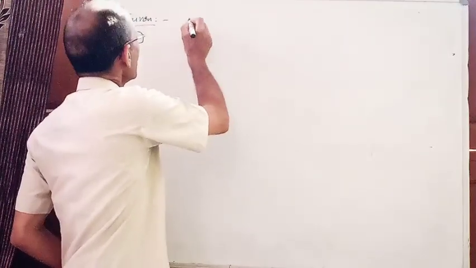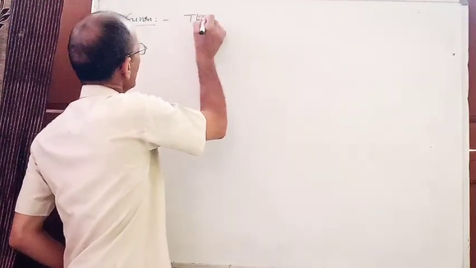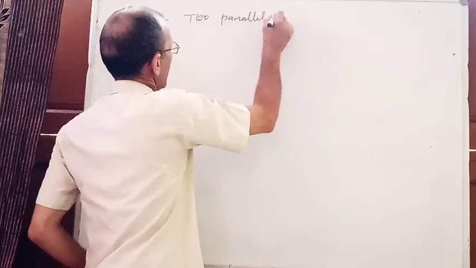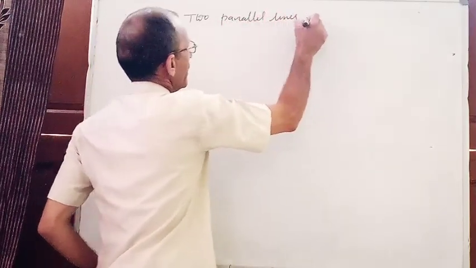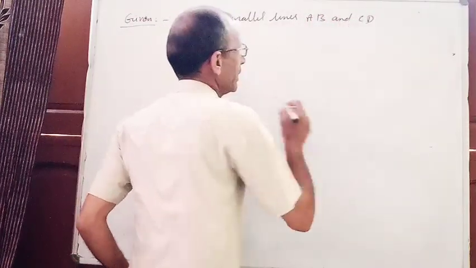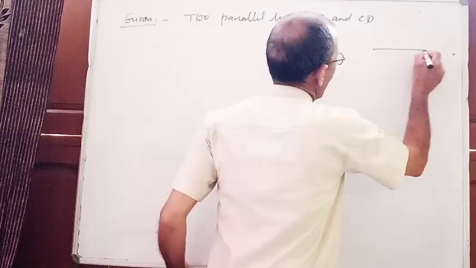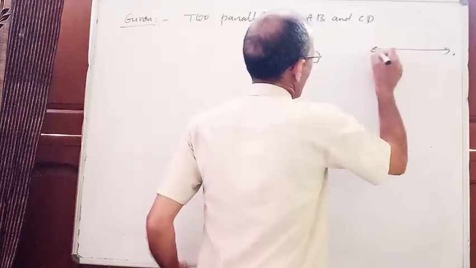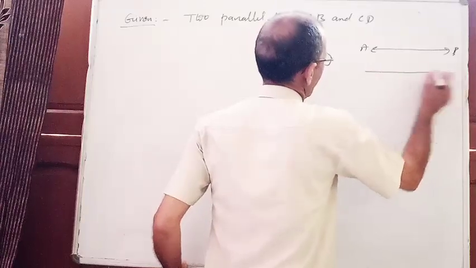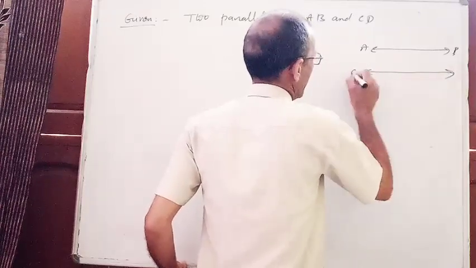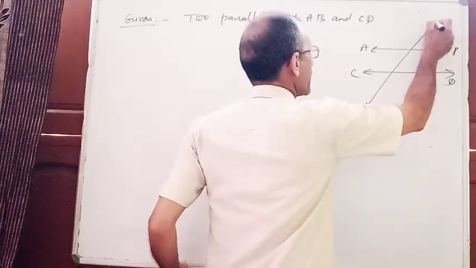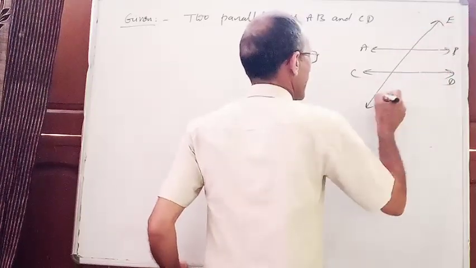So, given two parallel lines AB and CD. They are intersected by transversal AF.